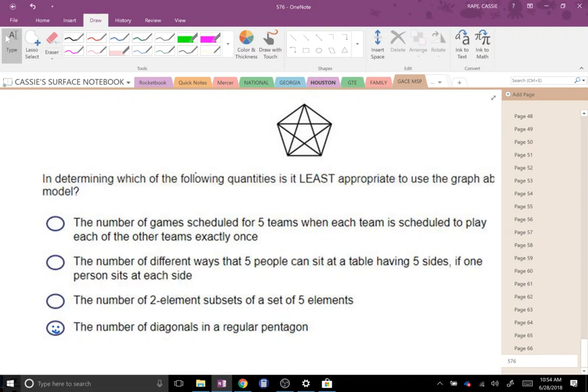If you had 5 teams and everyone played everyone else, like here's each of those teams and every one of those teams played everyone else, yeah, that would show it, correct?